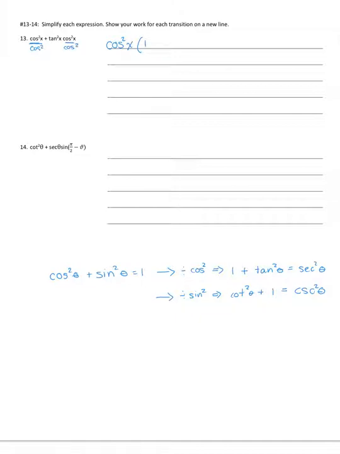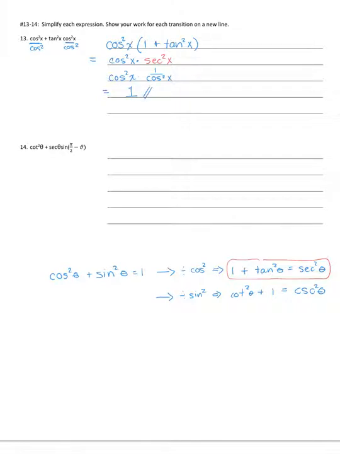So then I have 1 plus tangent squared, and that's equivalent to cosine squared x times, using the identity 1 plus tangent squared equals secant squared, I can put in here secant squared x. And then we can use our reciprocal property, which you should know. 1 over cosine squared is the same thing as secant squared, and those basically cancel each other out to give us 1.